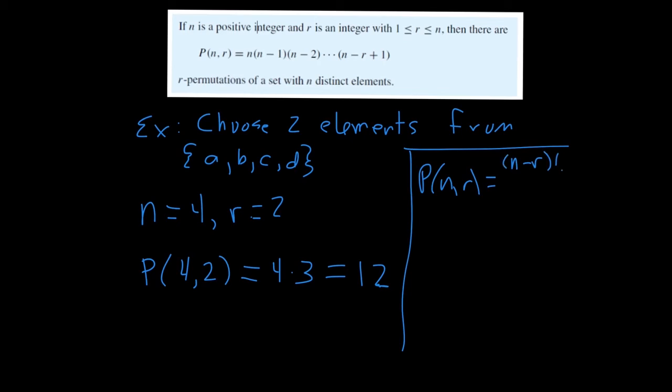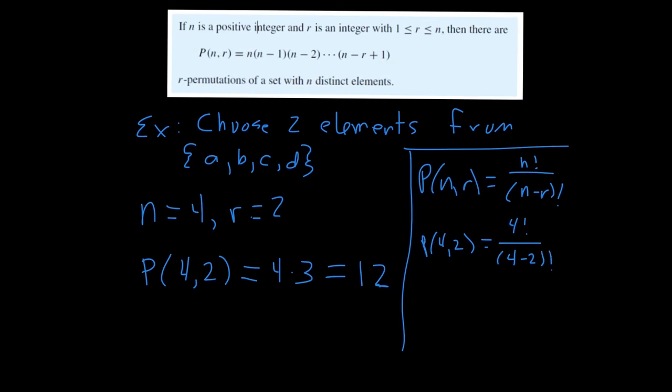Let me erase that. It is n factorial divided by n minus r factorial. So if I want to use this formula, I would have permutations of 4 objects taken 2 at a time. I have 4 factorial over 4 minus 2 factorial.